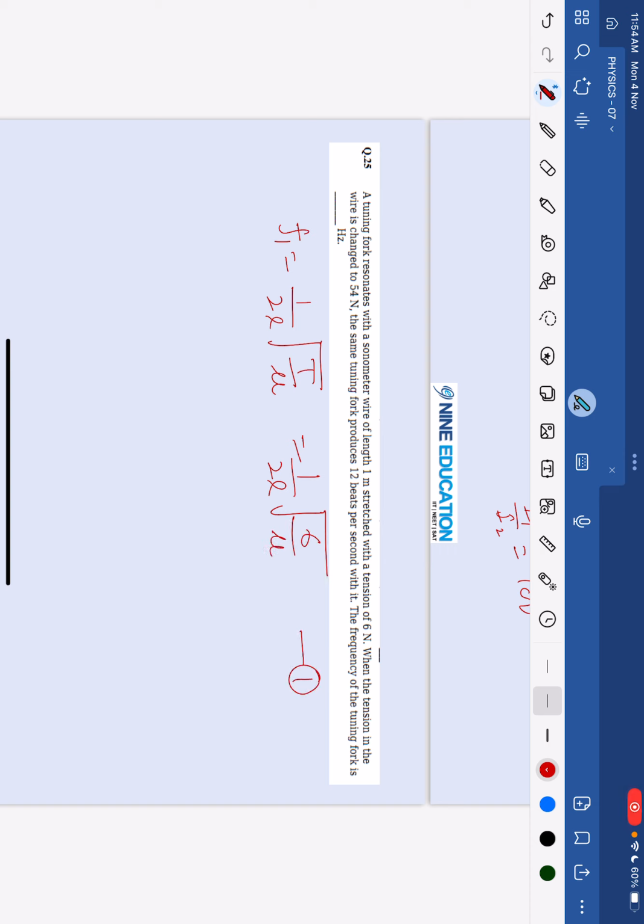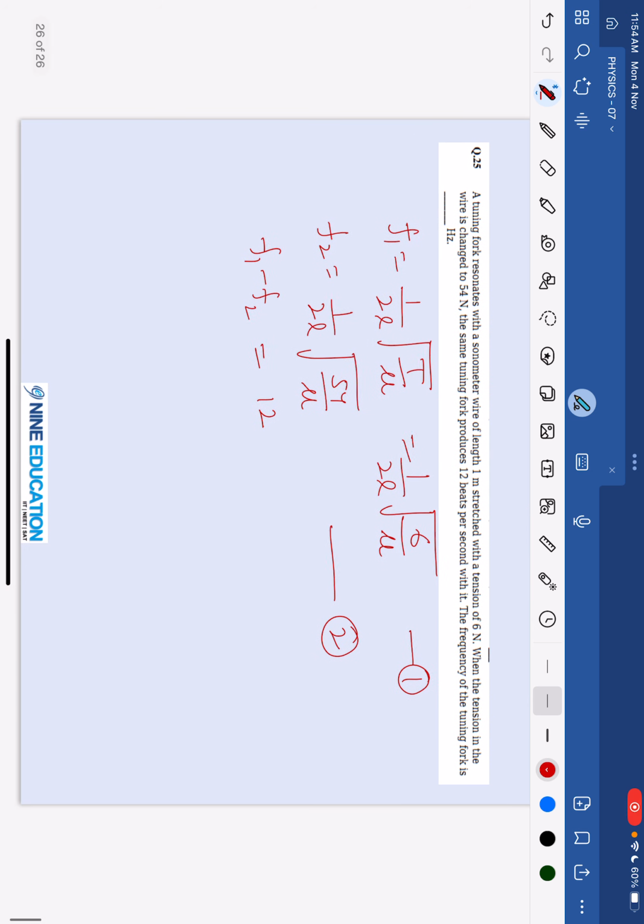This is n1. Then what happens when the tension in the wire is changed to 54 Newton? Its frequency also changes. It is going to become root 54 by mu, and by doing that it is producing some beats, 12 beats per second.